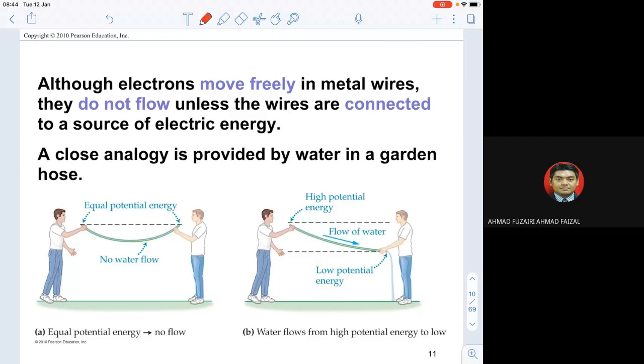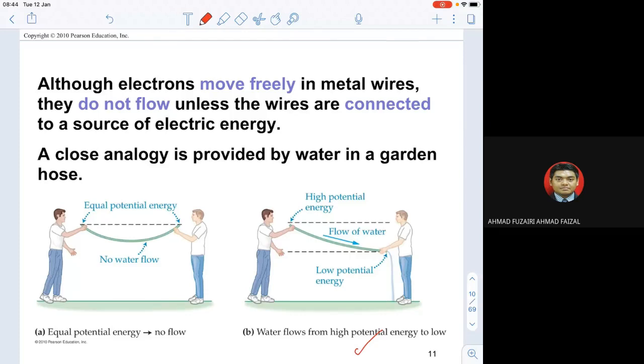But when we have one high potential and another low potential, then we can have a flow of water in figure B. So that's how they make an analogy for how electrons move in metal wires.